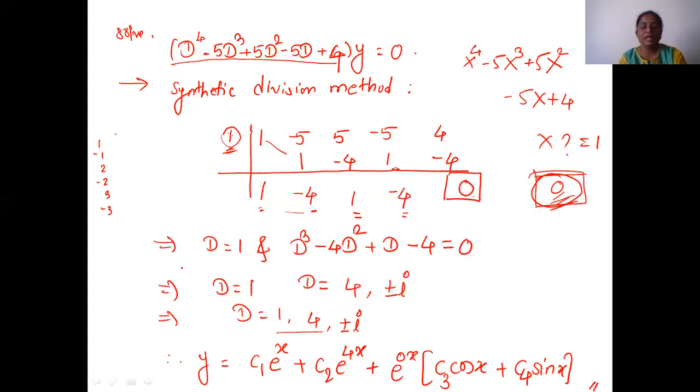Clear? Yes, ma'am. So we can again go to calculate, press the same button, and now check for -1. Press -1 and equal. Is it 0?